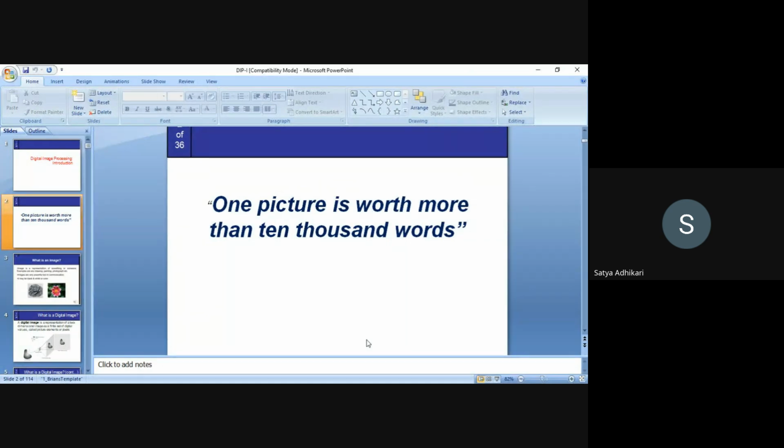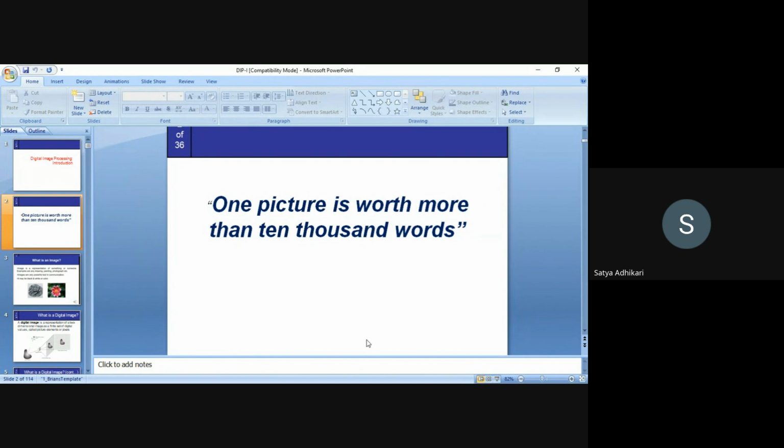So obviously, yes, I think it is true, because one picture tells more meaningful things than many words. That is why, when you present something, it is advised that you introduce more pictures and graphical things to your presentation, because one picture is understood by many people better than words.